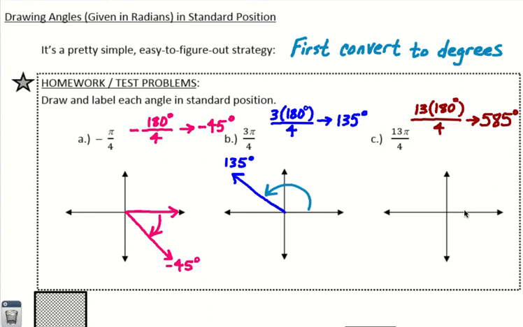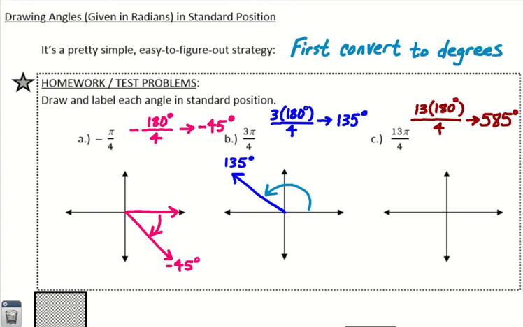That would mean we've got to go all the way around, which is 360. Well, just keep going. How far do we have to keep going? Well, I'm going to do some quick math on my calculator. 585 minus 360, that's 225.